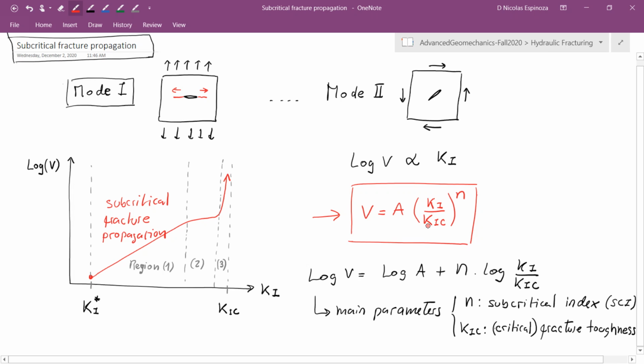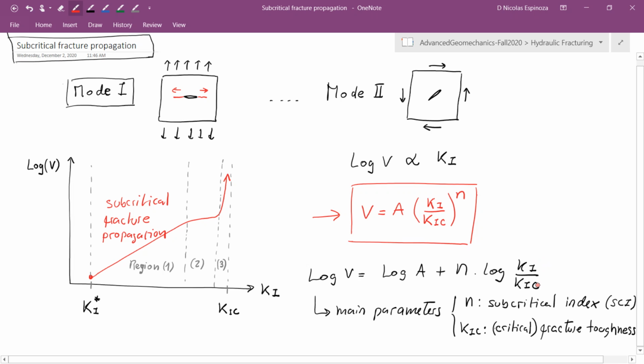So we can do a little bit of math in this case, and we'll see that if we apply a logarithm to both sides, what we end up with is this equation in which the logarithm of velocity is proportional to the subcritical index times the logarithm of the dimensionless stress intensity factor.